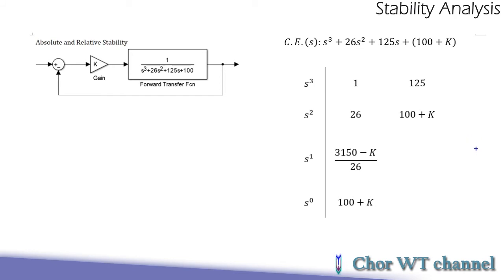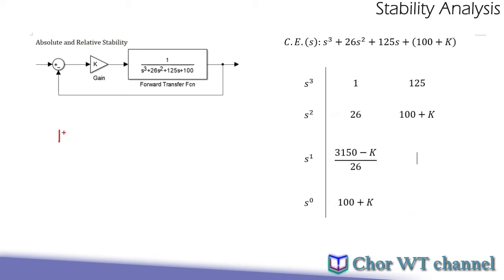From the first column, we can see that if k is larger than 3150, this term will become negative, and negative will cause a sign change in the first column, and hence the system will be unstable. On the other hand, if k is less than 3150, all terms in the first column of this Routh table are positive, hence no sign change, and therefore the system will be stable.